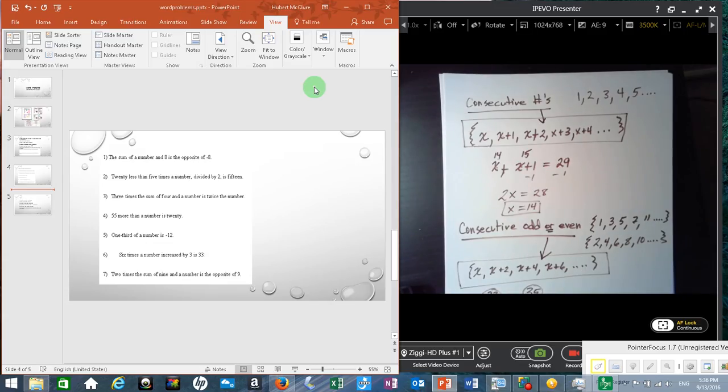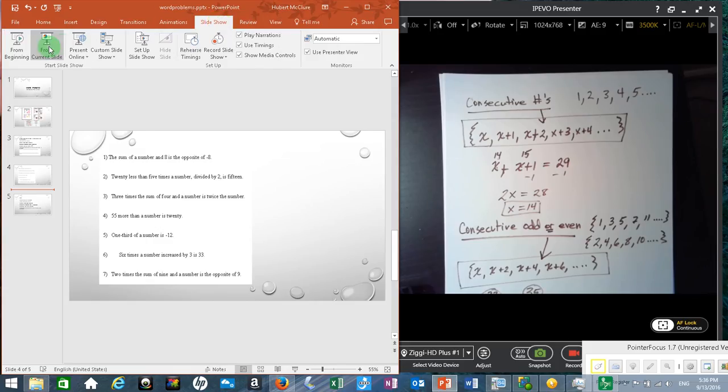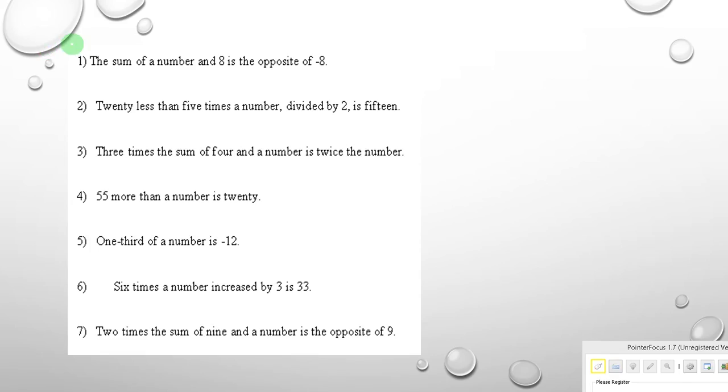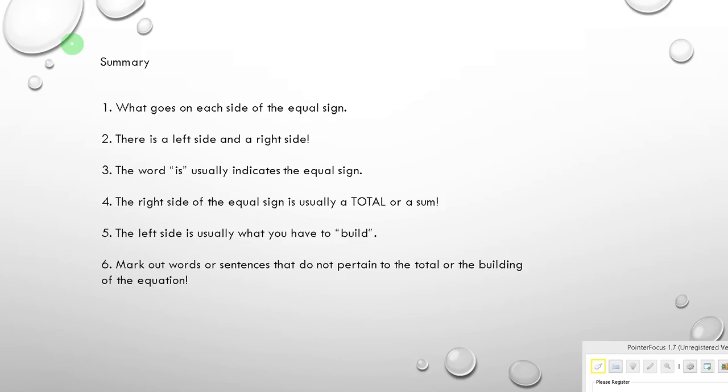Okay? So, looking back at what we talked about, the main thing you need to remember about word problems is what goes on each side of the equal sign. Look for the word is.